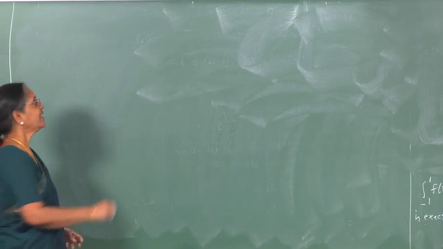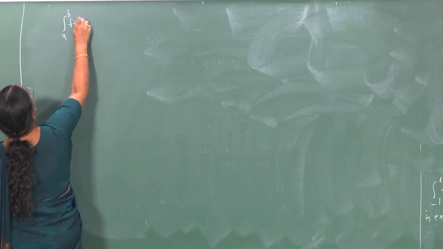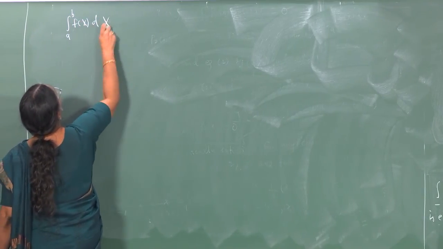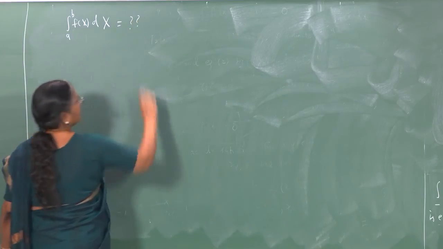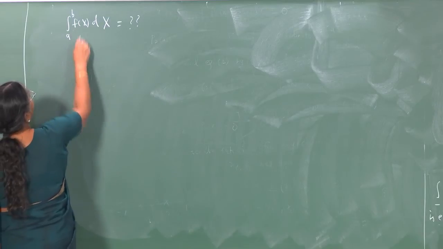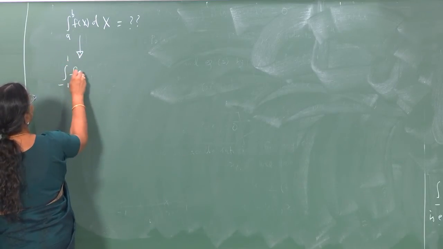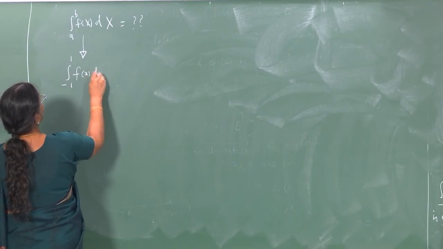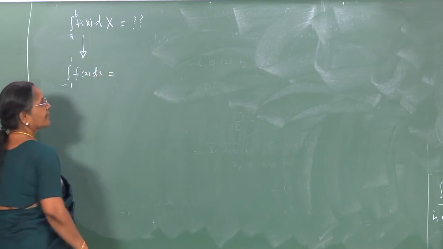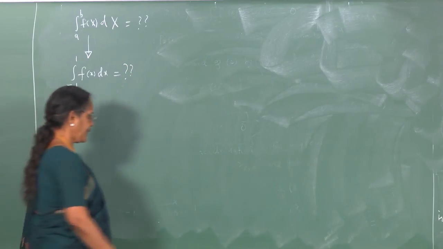Let us consider integral a to b f of x dx. I would like to convert this integral to the form integral minus 1 to 1, say f of x dx, and then evaluate it using Gaussian quadrature.